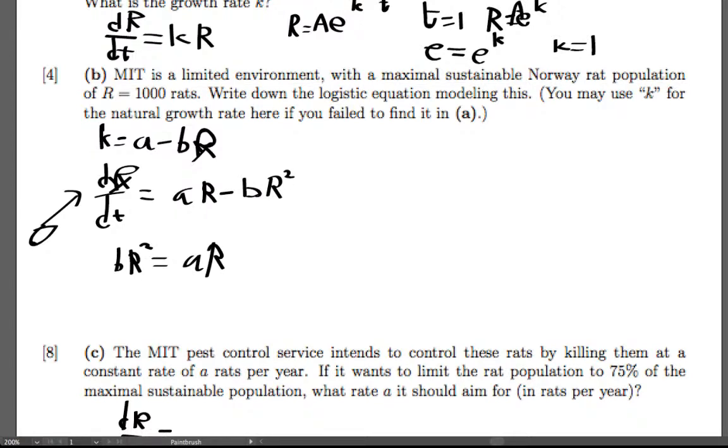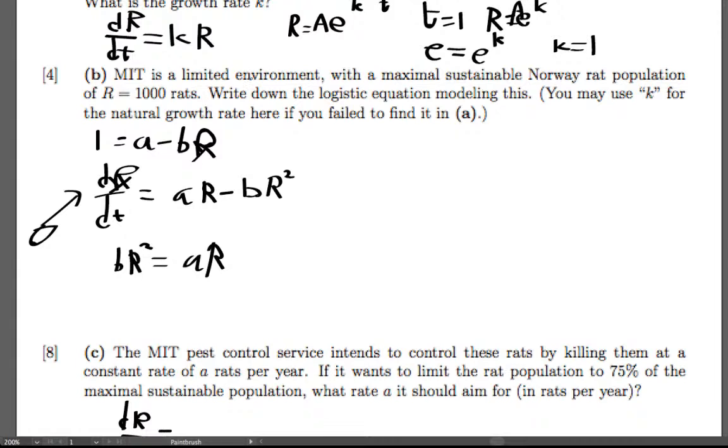You may use k for the natural growth here if you fail to find it in A. I don't get this line. Why do you actually need to put that line? But whatsoever, let's just figure this out instead. So what you'll get is this thing here to be 1, right? The k here would be 1.